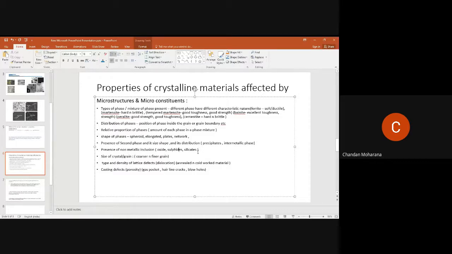The best example in steel is manganese sulfide. If you add manganese into the steel to take care of your sulfur, then it forms manganese sulfide. So it remains as an inclusion sometimes in the steel. It should be removed, but it still remains in the steel in the form of non-metallic inclusions.